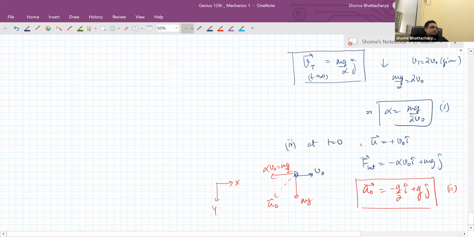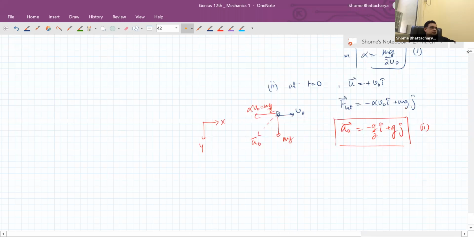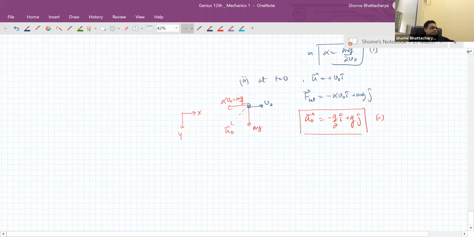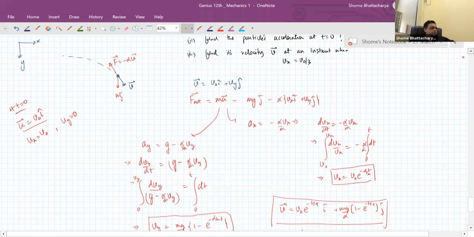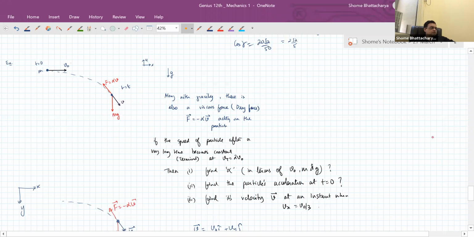So I think most of you have got these two parts. Now we have to come to the last part, which is we have to find the velocity when the horizontal component of velocity becomes v naught by 3. Right, this part we have to discuss.